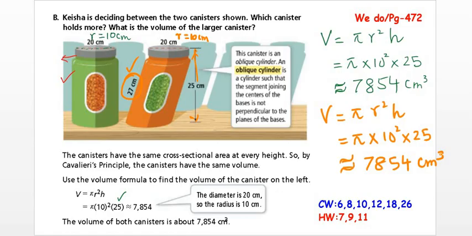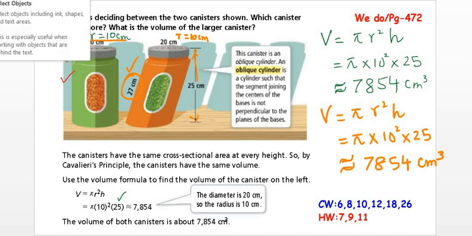So this is a kind of proof for Cavalieri's principle, that even if you have an oblique cylinder or a vertical cylinder, both will have the same volume. What is the reason? Because they have the same radius and the same vertical height. Is that clear?